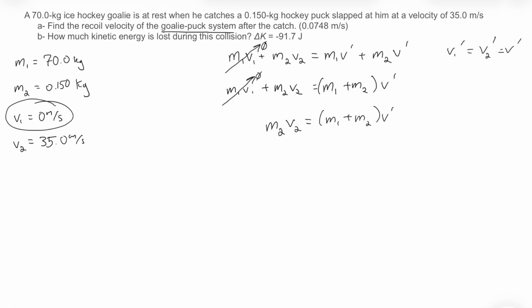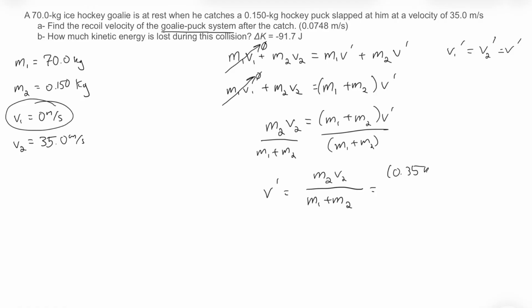If we want to solve for the velocity by itself, we divide by that combined mass, and whatever we do on one side, we do on the other side. So our final velocity is the initial momentum of our hockey puck divided by the sum of the masses of the goalie plus the hockey puck itself, right?